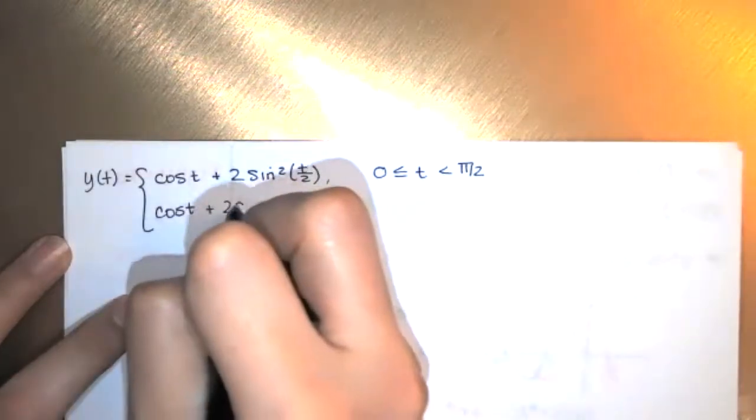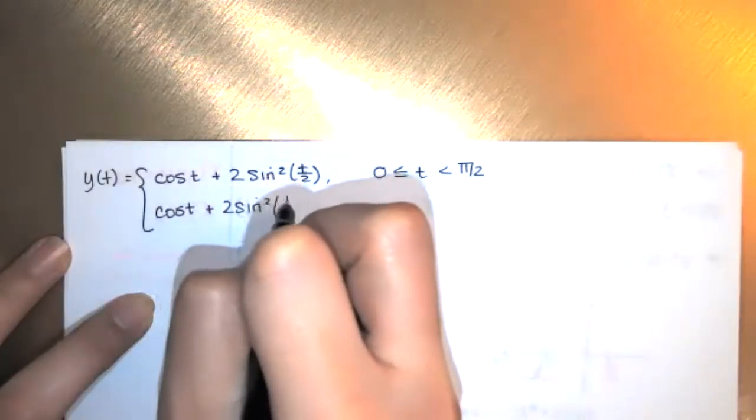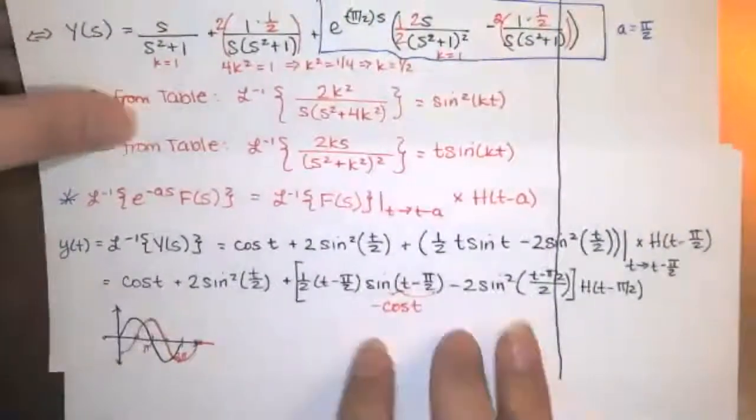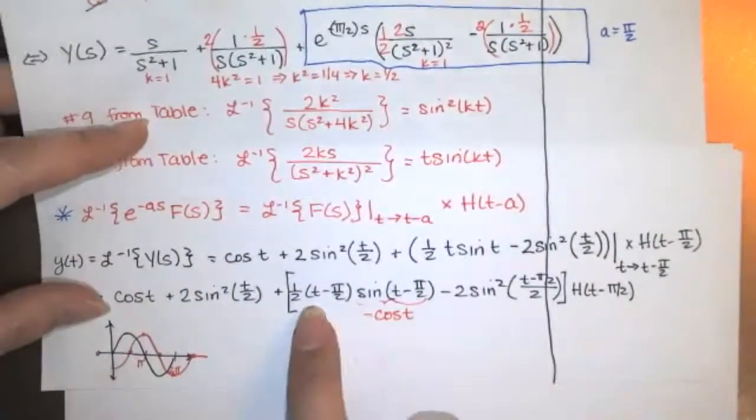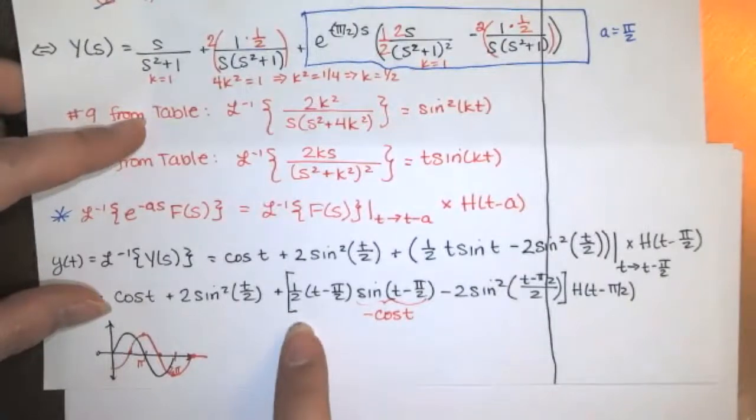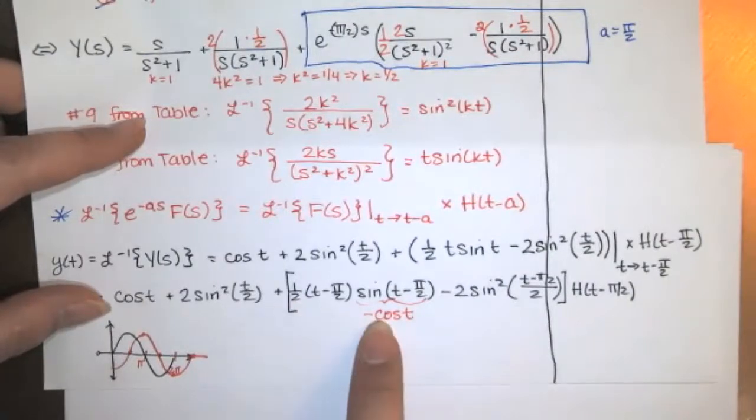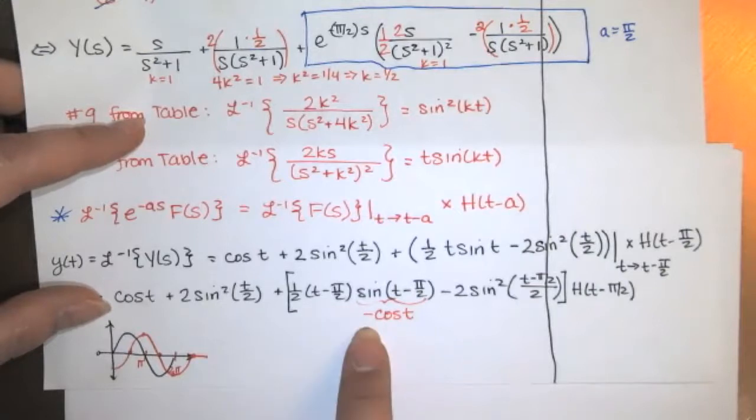So we're just going to have cosine of t plus 2 times sine squared of t over 2. Now, on the other piece, when t is greater than or equal to pi over 2, the Heaviside function will equal 1 at that point. So we'll have this plus all of this. If you want, you could distribute the 1/2. I've got 1/2 times a negative cosine. I think I'll just factor out the negative 1/2.